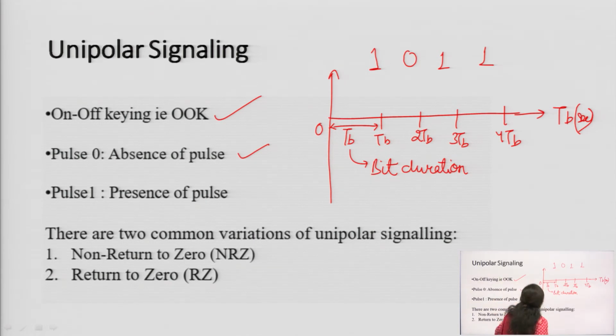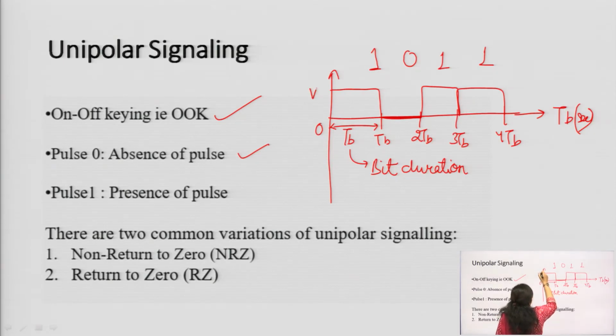Now, I want to draw the unipolar signaling. For bit 1, a pulse will be present, for bit 0 no pulse will be present, then for 1 the pulse will be present, again for bit 1 the pulse will be present. This is how you have to draw the unipolar signaling. What will be the amplitude?